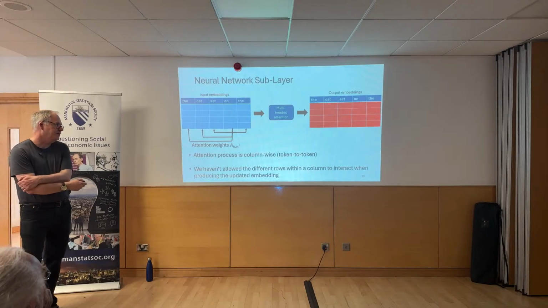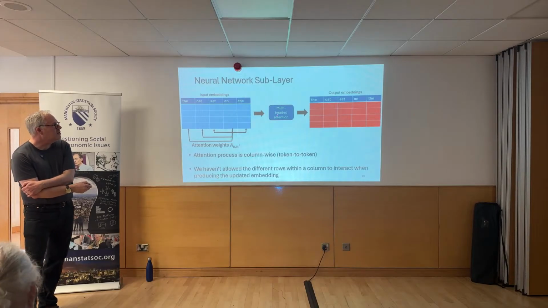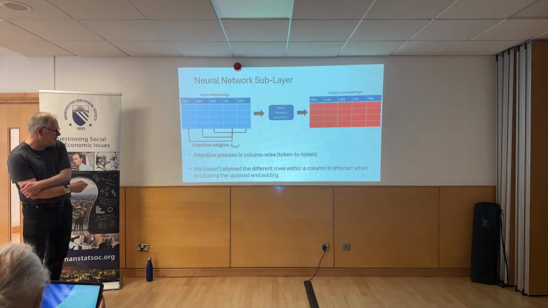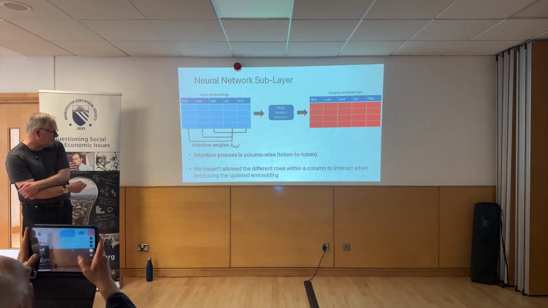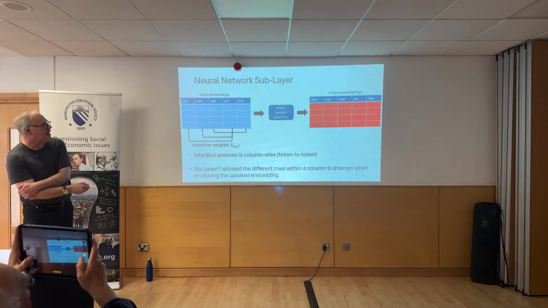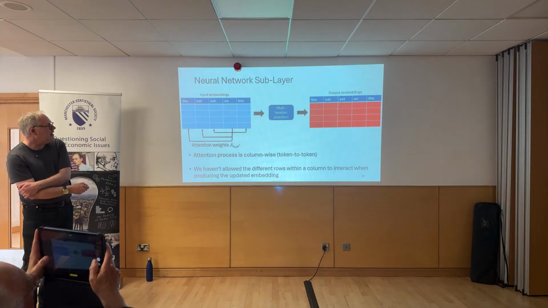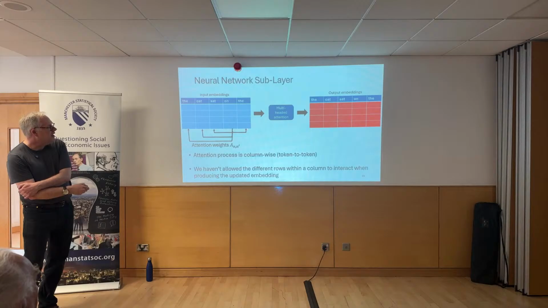But there are further subtleties. That multi-headed self-attention calculation takes the starting input embedding vectors, the vectors that represent the individual words, and produces these output context-aware embedding vectors, okay? But that whole attention process is column-wise, it's token to token.